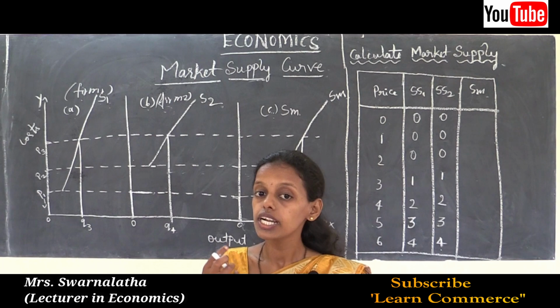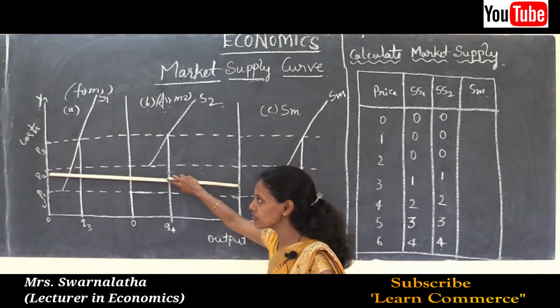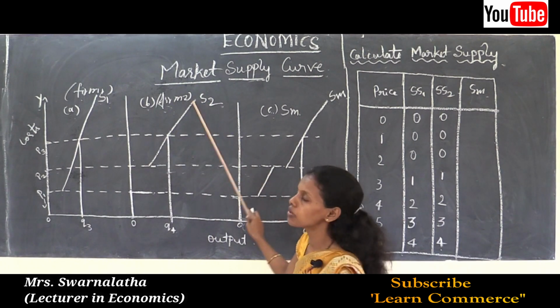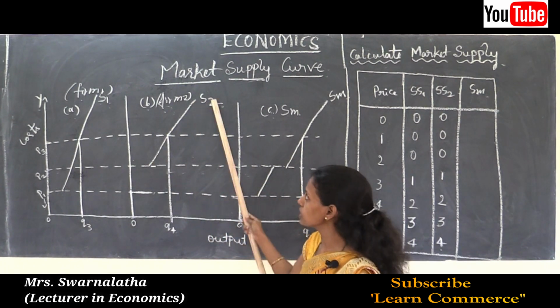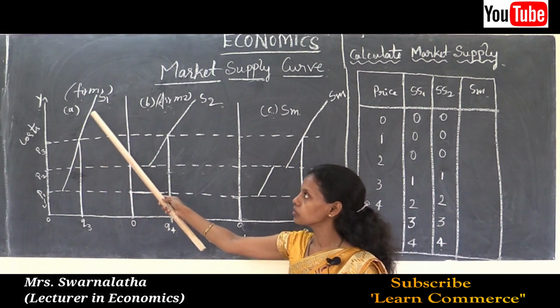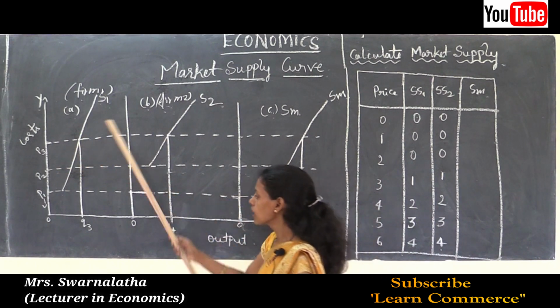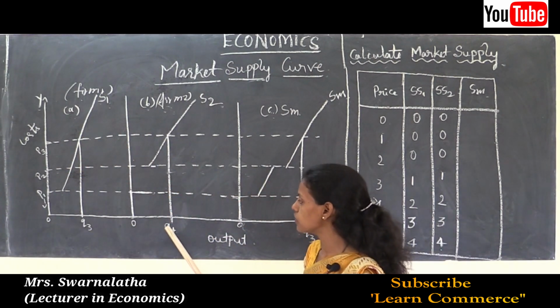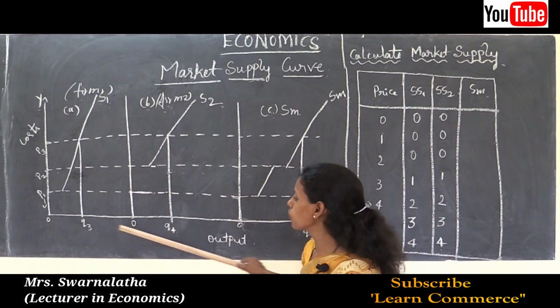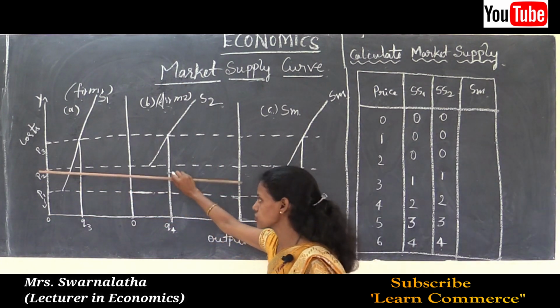P2 is the price level for firm 2. S2, the upward rising curve, is the supply curve for firm 2. Here firm 2 is producing OQ4 level of output at OP2 level of cost structure.